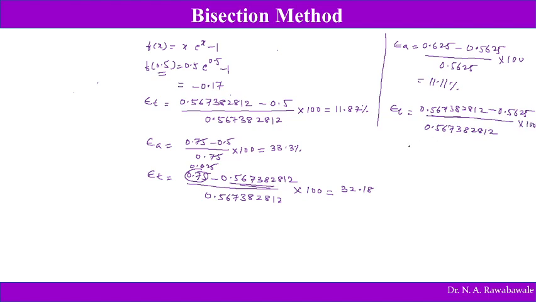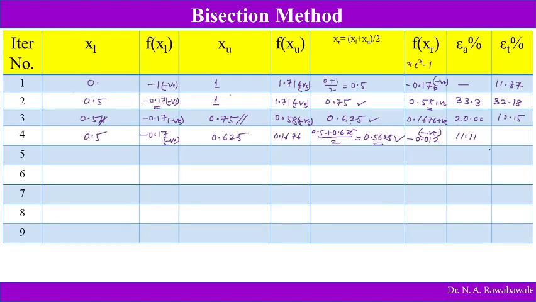So this true error is 0.86%. Still it is greater than 0.5. So this is negative. Negative replaces old negative.